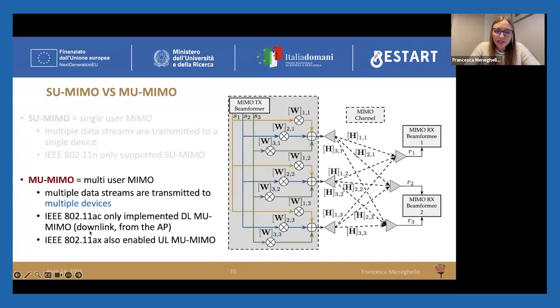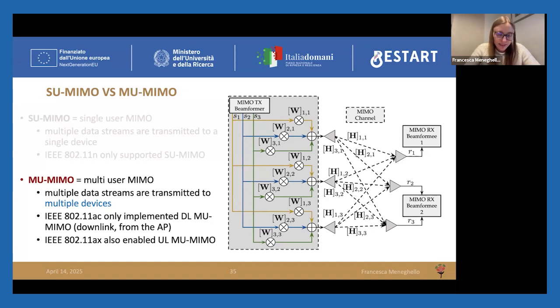While after that, with Wi-Fi 5, they also introduced multi-user MIMO. That means that we can transmit multiple streams to multiple receivers, so to multiple beamformees, in the downlink direction, so from the access point to the users. And also in Wi-Fi 6, that is the 802.11ax, they also enable different users to transmit simultaneously in the uplink direction several data streams.